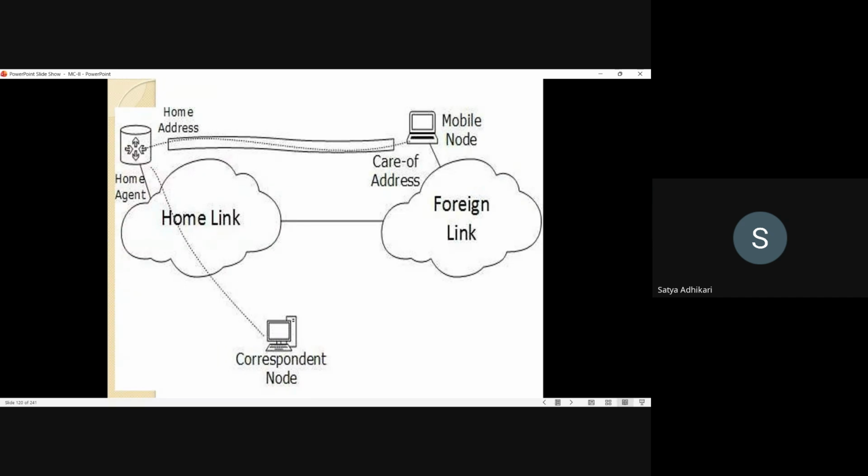But as the mobile node does not belong to the home network, there is a tunnel established between the home agent and the mobile node. You see, there is no foreign agent. So a direct tunnel is established between the home agent and the mobile node. Once the correspondent node sends the data, the data is forwarded to the care of address through the tunnel, which has already been established.